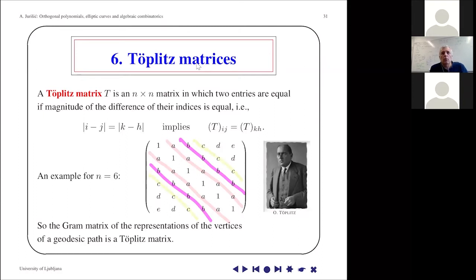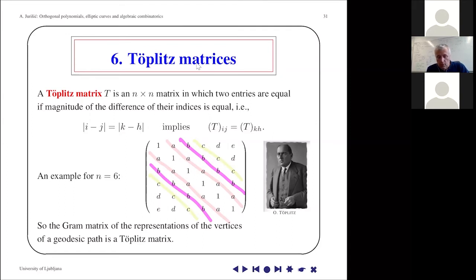We can always scale it so that we have one on the diagonal, and we'll try to calculate as big a determinant of a Toeplitz matrix as possible. Actually, I found out that Toeplitz is a predecessor of my supervisor, so of mine as well. It's some kind of a granddaddy. So great that I have a result.